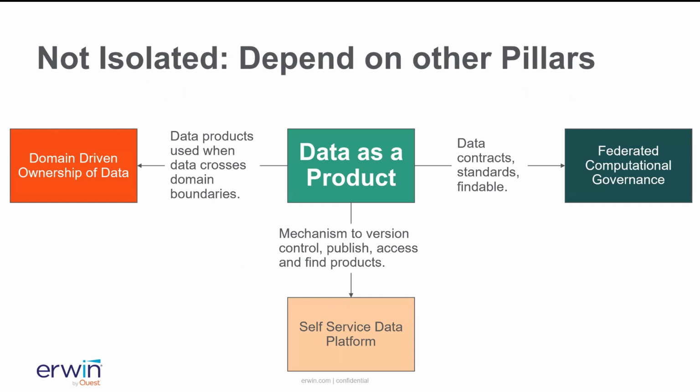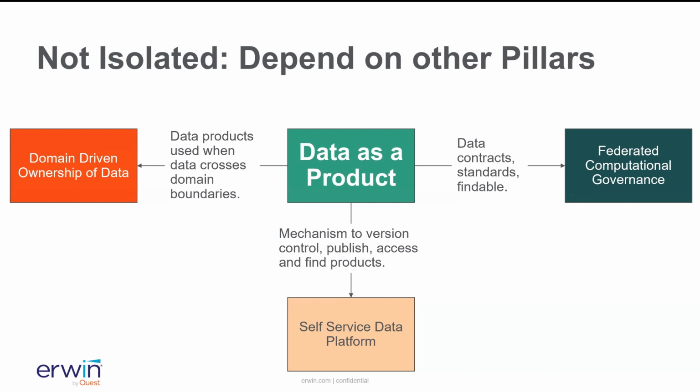This is the relationship between the various pillars that are there. So data as a product is in the middle, but it relies on the governance to enforce things like data contracts, standards, findability of the data. It uses a domain-driven ownership. Whenever data crosses the boundary of a domain, between domains for a flow, that's when your data products come in.